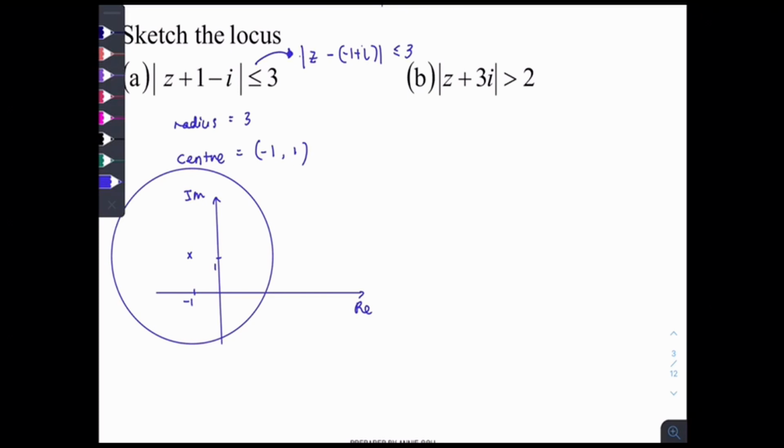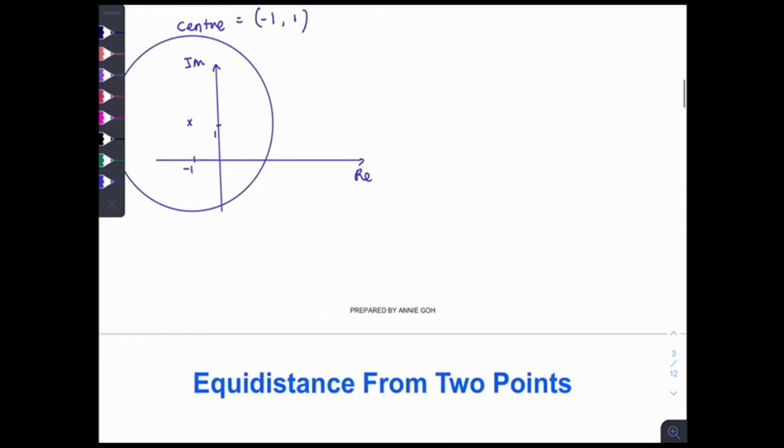Now, have a look at the inequality sign here. So this inequality sign means you have to shade somewhere. When it's equals to 3, it's just the circle only. But now, other than the equal sign, there's a less than sign.